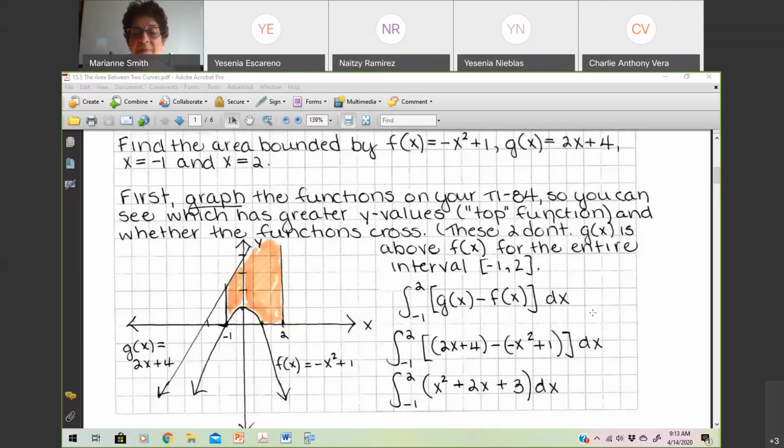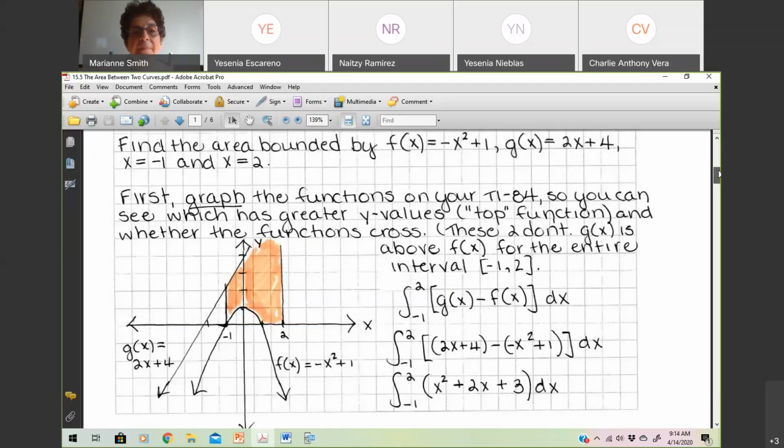How about the rest of you? Is this making sense? The lower curve from the upper one. So I'm subtracting negative x squared plus 1 from 2x plus 4. Anybody got questions on it? This is a good time to ask if you've got questions.